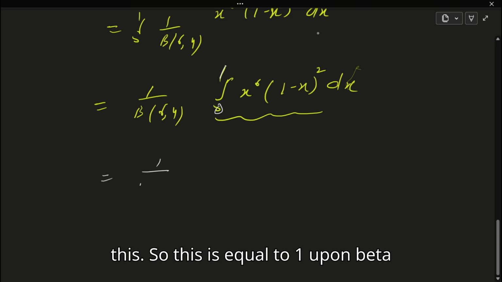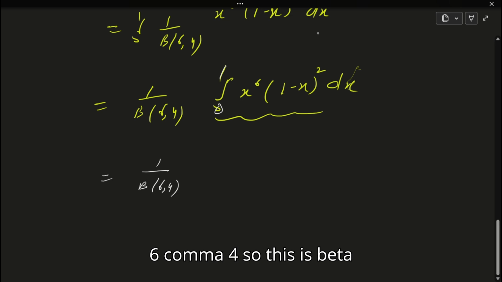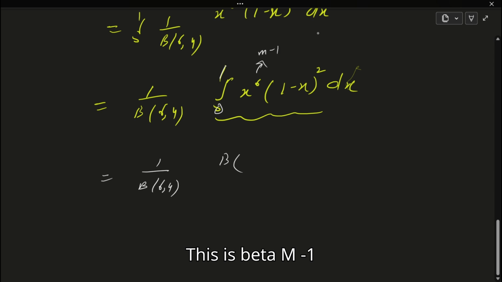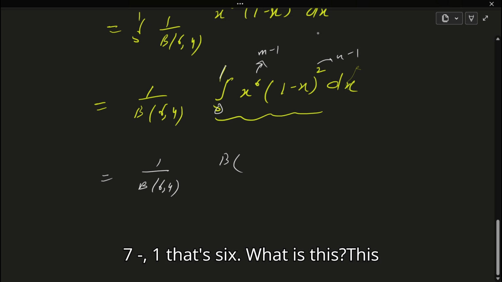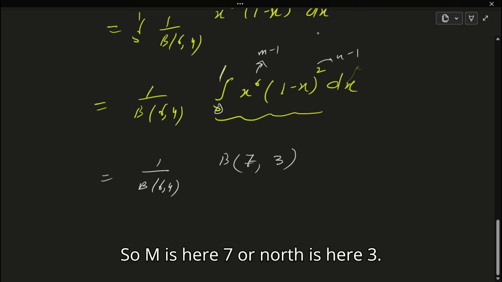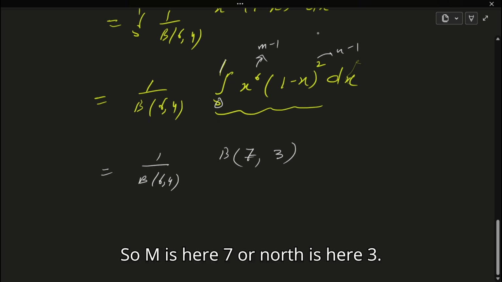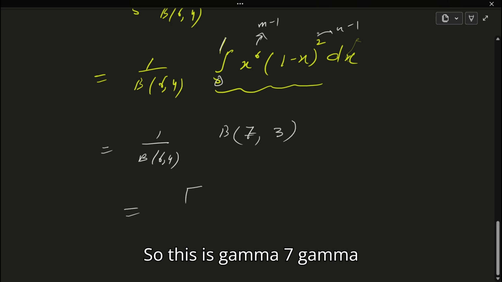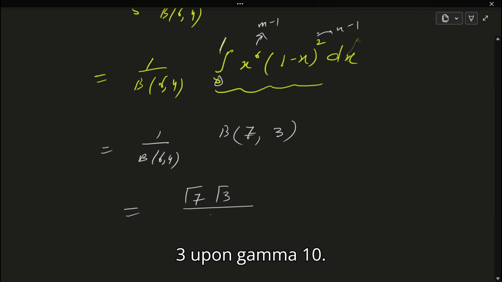So this is 1 upon beta 6 comma 4 times beta m minus 1, n minus 1. So what's m? m is 7 minus 1, that's 6. What is this? This is 3 minus 1, that's 2. This is 3. So m is here 7 and n is here 3. So this is gamma 7 gamma 3 upon gamma 10.